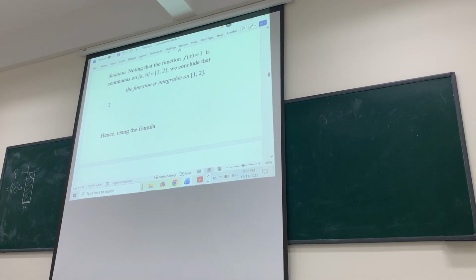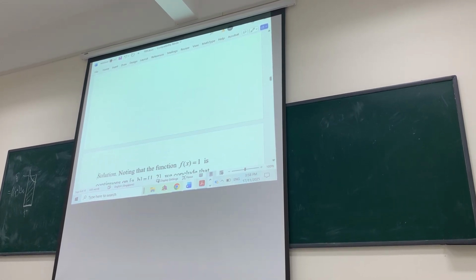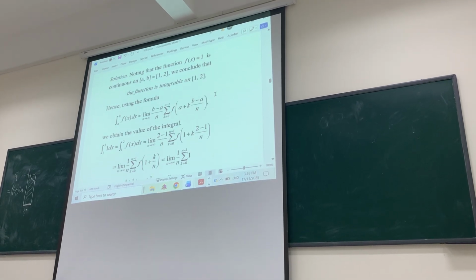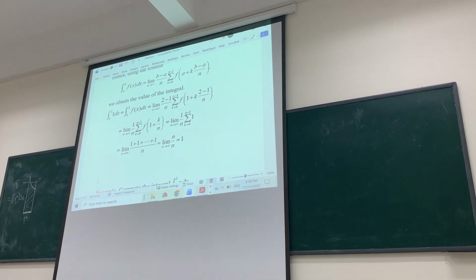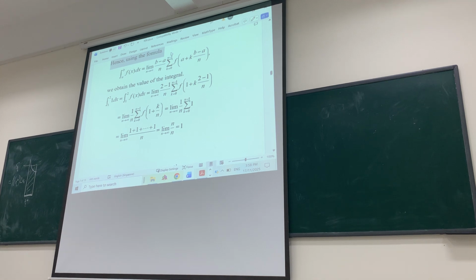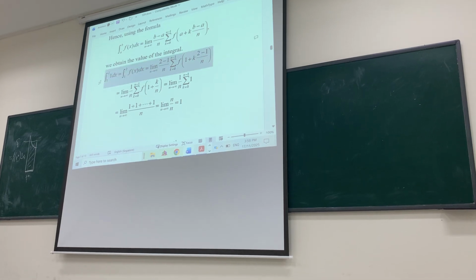Now let's see the solution. In this solution we use formula 1, with k from 0 to n minus 1.